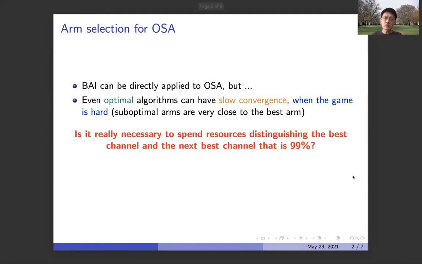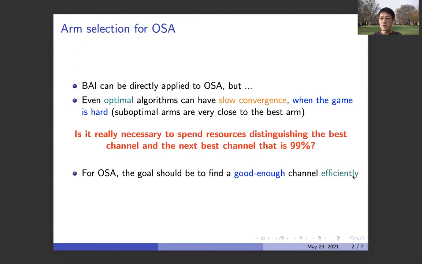So clearly, we ask the following question: is it really necessary, from a practical point of view, from a wireless communication point of view, to spend these resources distinguishing the best channel and the next best channel that is, let's say, 99.999% of the best one? The answer is no, practically speaking, right? So we shouldn't be using best arm identification in this case.